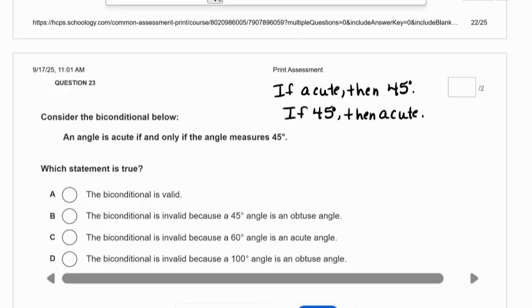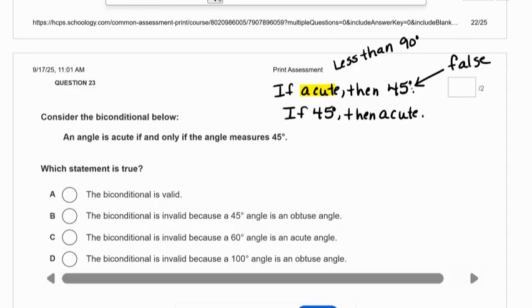All right, so if an angle is acute, that definition means less than 90 degrees. There are a lot of other numbers that are less than 90 degrees, not just 45. So this part of the biconditional statement is false. Now we have to come up with another angle measure that's less than 90 that isn't 45.